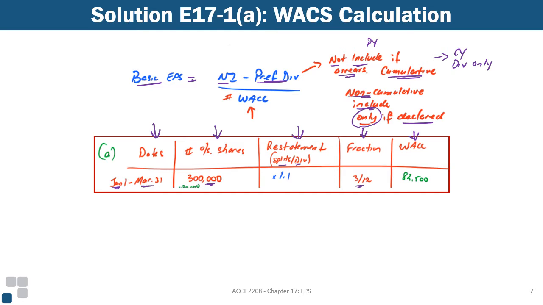Usually when I teach this in class, I leave the restatement blank initially, and then fill it in later. So just pretend we didn't see this just yet. I would just put January to March 31st, 300,000 shares. It gives you 3 over 12, and then leave the totals out for the moment.